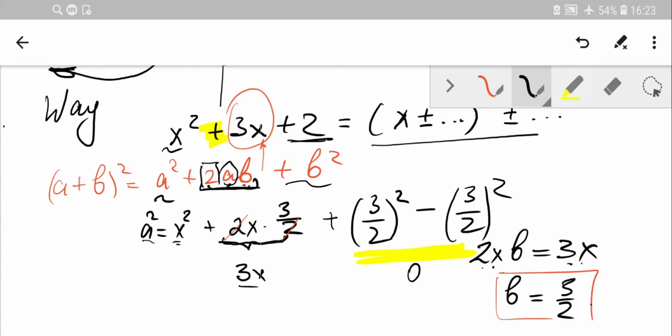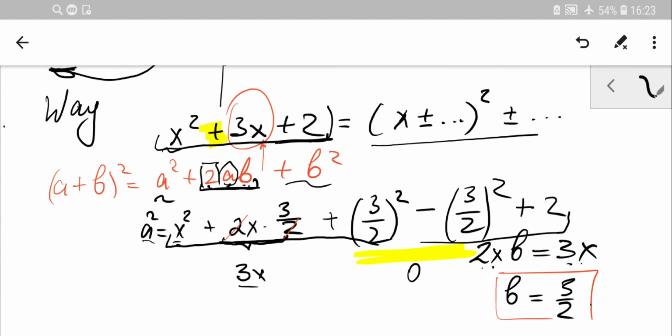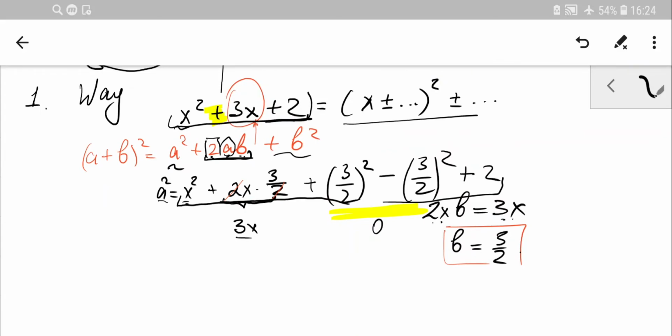And look what we've got. And the last part, we need to add 2 finally, because we have 2 in order to have this expression equal to the whole original. All right, let's move next. So what we have, this part, according to the formula, is a complete square.